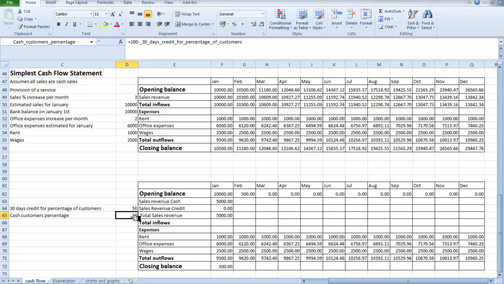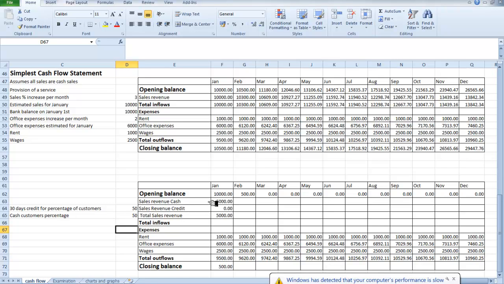If you have a look at this one, then you can see I've taken 100 minus the previous cell that I looked at up here. So if I alter one of these, then the other one will automatically alter. Now I filled it in for the first month, and the sales revenue in cash will be F49, let's just look where that is.